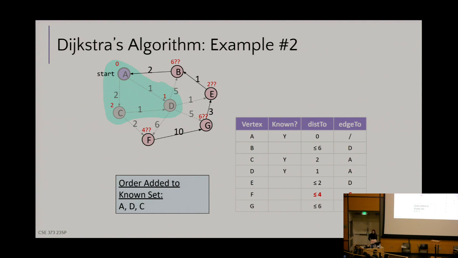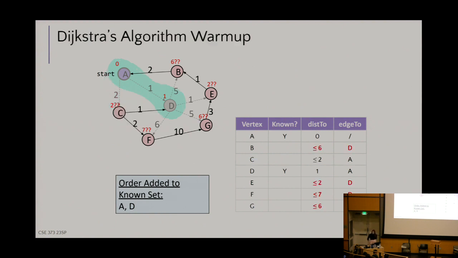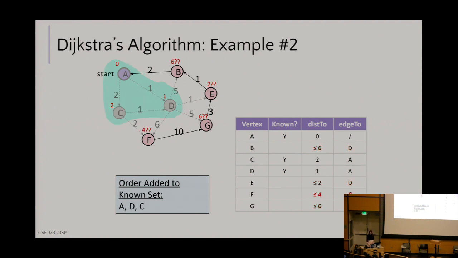Now we have the remaining ones. And you can see, as we're doing these things, the very first time we were exposed to F, we would have gotten there by traveling along the 1 from A to D, and then along the 6 from D to F, which gave us that original distance of 7 to F. But once we lock in C, and now we look at the outgoing edges from C, that's the first time we're exposed to that 2 that goes from C to F, which is how we updated.